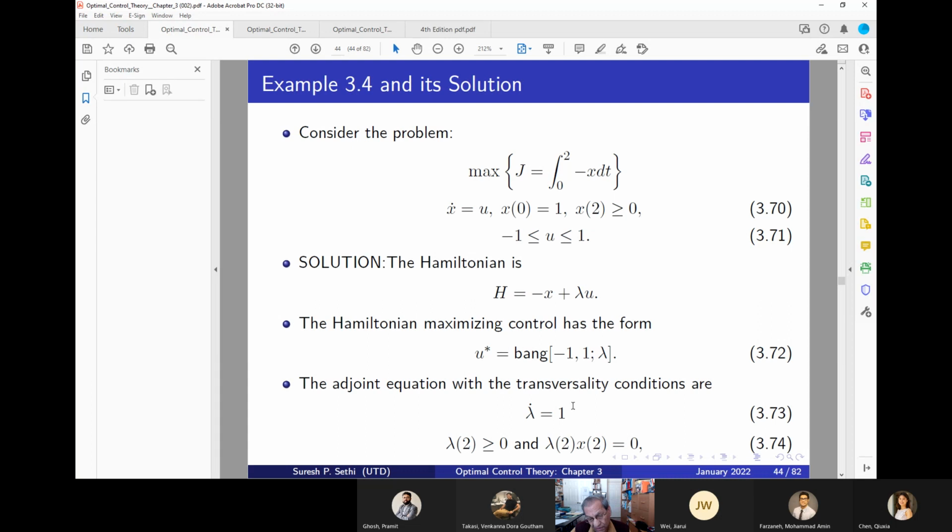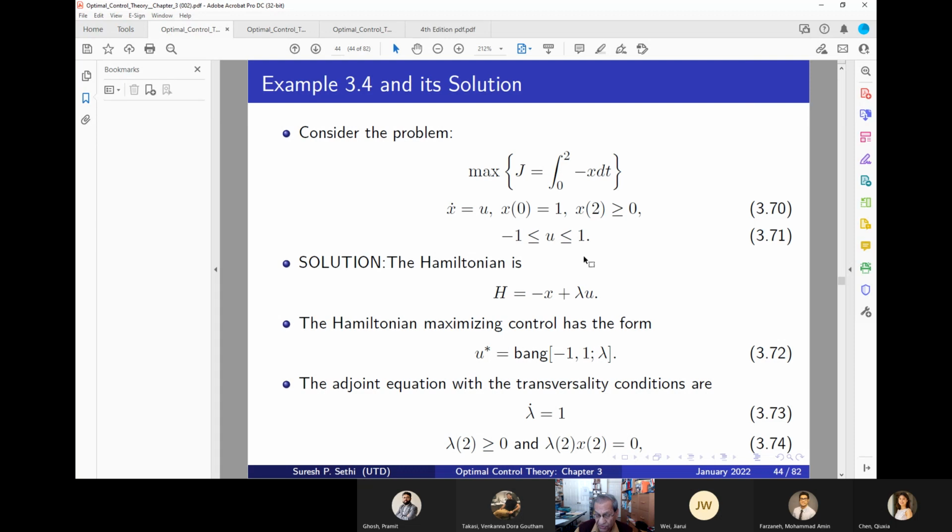Lambda dot equal to 1 means lambda is going to increase monotonically. And if it increases monotonically, then 3.72 says that the control can switch only in one direction, because when lambda is positive, the control is 1, and when lambda is negative, the control is minus 1. Since lambda is increasing monotonically, it can either be all positive, in which case the control will be 1 all the time, or it can be negative and then become positive, in which case the control starts at minus 1.